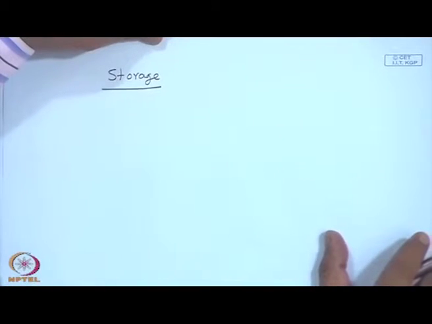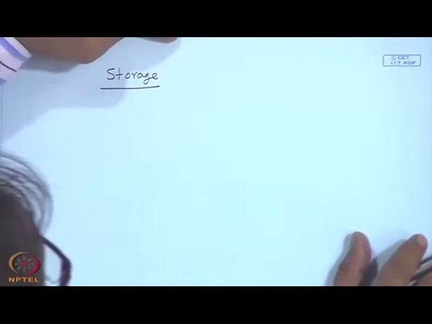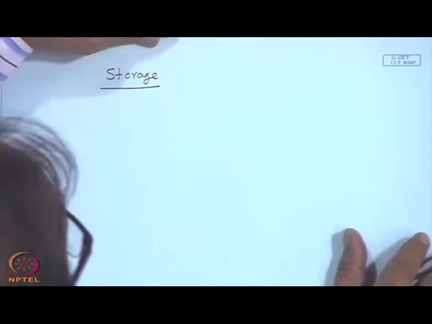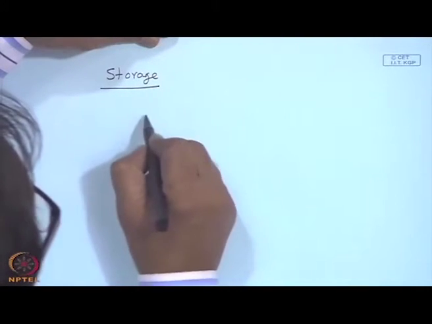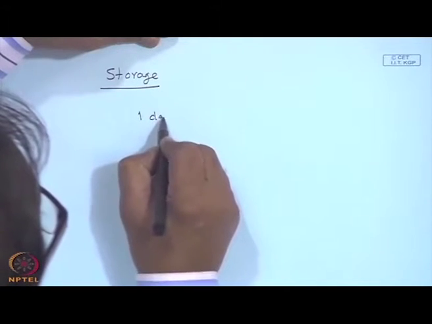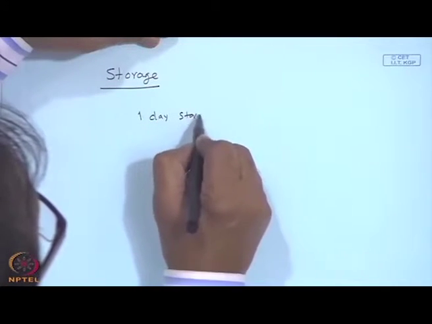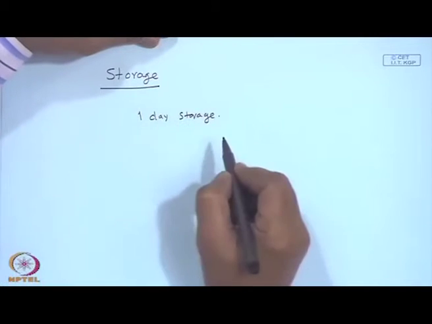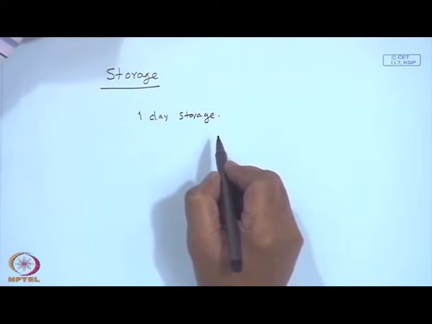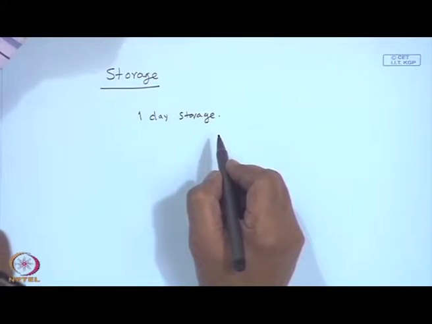My performance is going to be fairly critically dependent upon the storage. Say for example, you can have 1 day storage. Of course, the energy delivered will depend upon what that 1 day is, be it December, be it June.